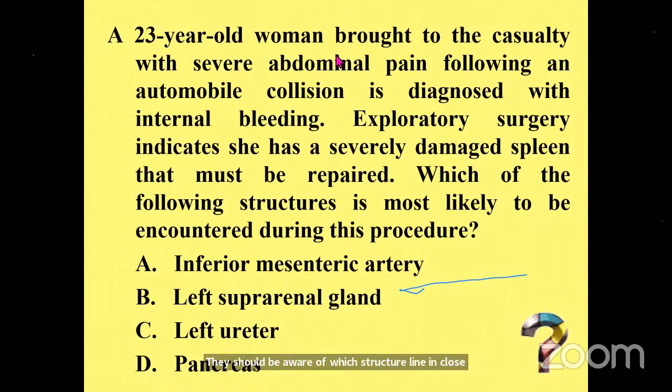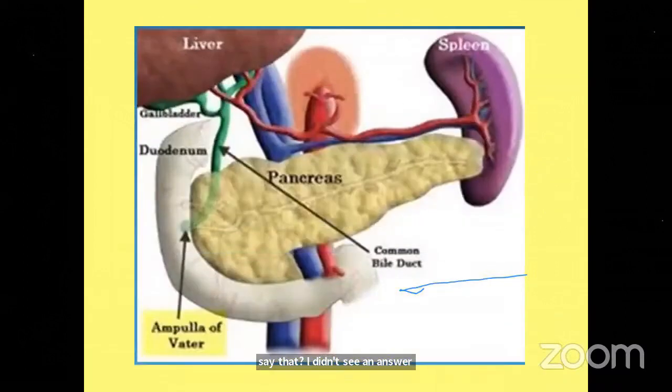Usually we say when we do that surgery, that patient will land up with some other diagnosis after the surgery because of the structure lying close to it. Accidental removal of that structure might result in another clinical condition. So can someone say that? I didn't see an answer. The answer is pancreas.